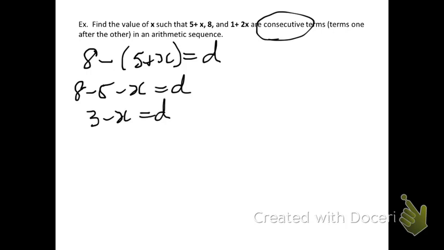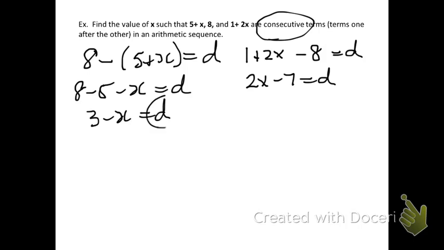and so that gives me 3 minus x equals d. And then I can do the same thing for 1 plus 2x. I'm going to take 1 plus 2x, and I'm going to subtract 8 from that, and that should give me the difference as well. And so you can see that 2x minus 7 is equal to d. And then we're just going to take those two values and equate them, because they're both in terms of d.